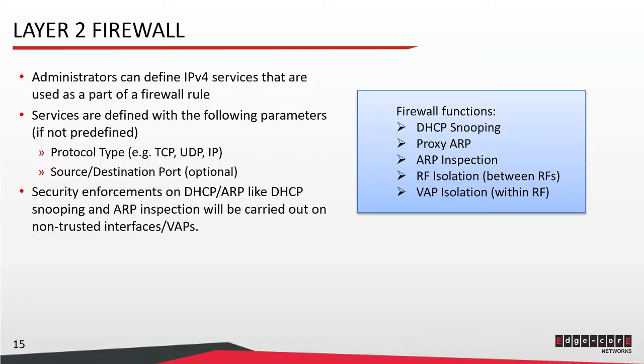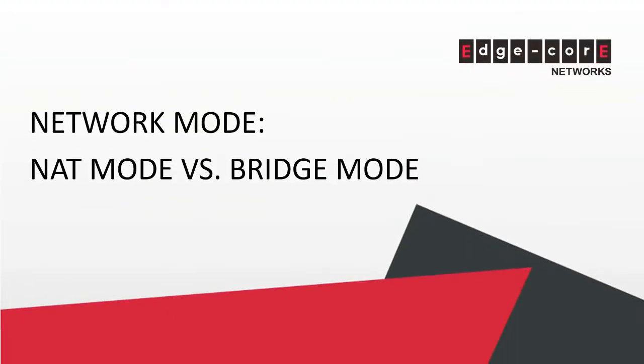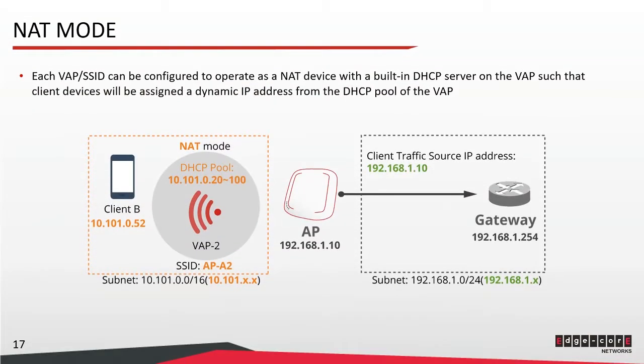same ARF card. In this section, we'll talk about two network modes that are available for each SSID, or VAP in our term. The first one is NAT mode. Each virtual AP, or VAP for short, can operate as a NAT device with a built-in DHCP server, such that client devices will be assigned a dynamic IP address from the configured DHCP pool on this SSID.